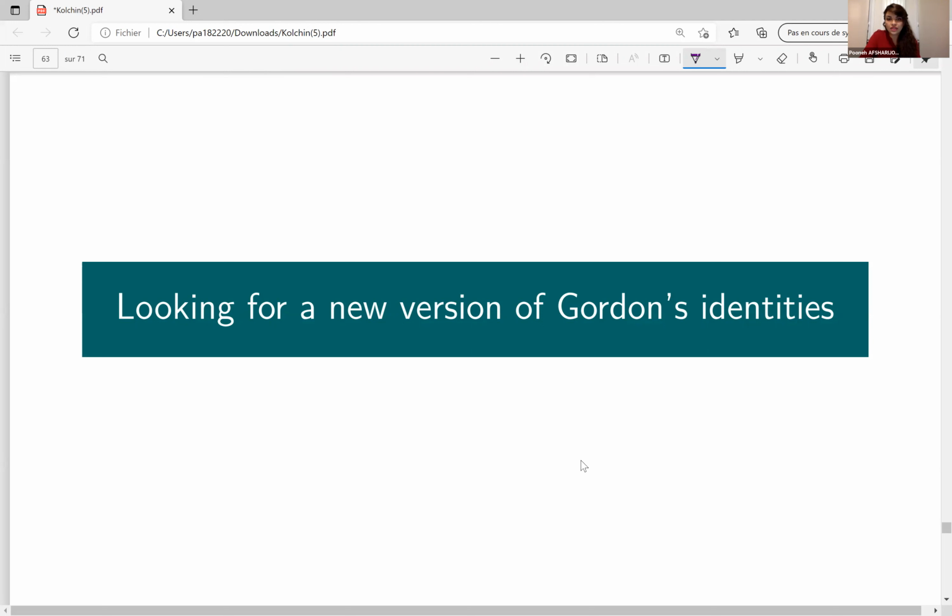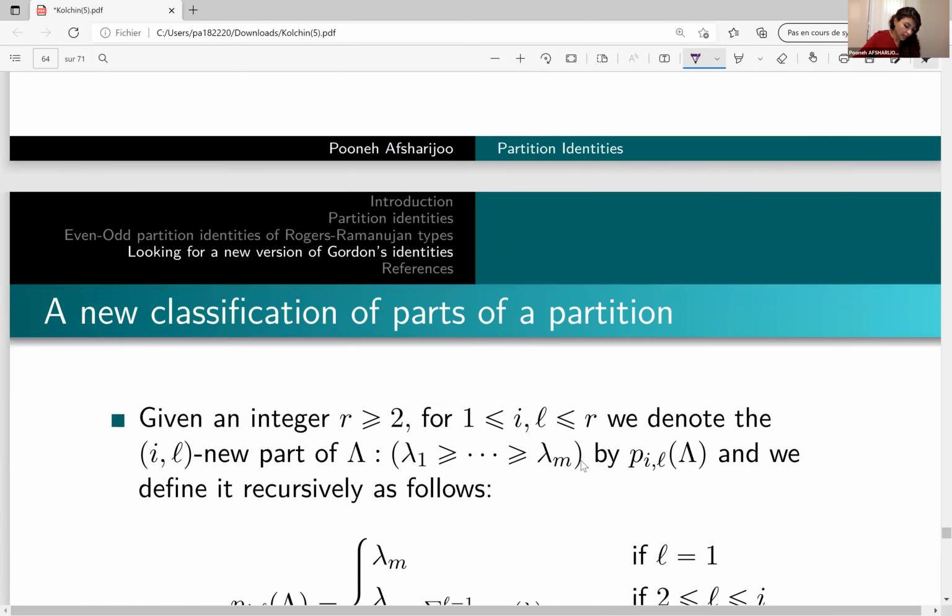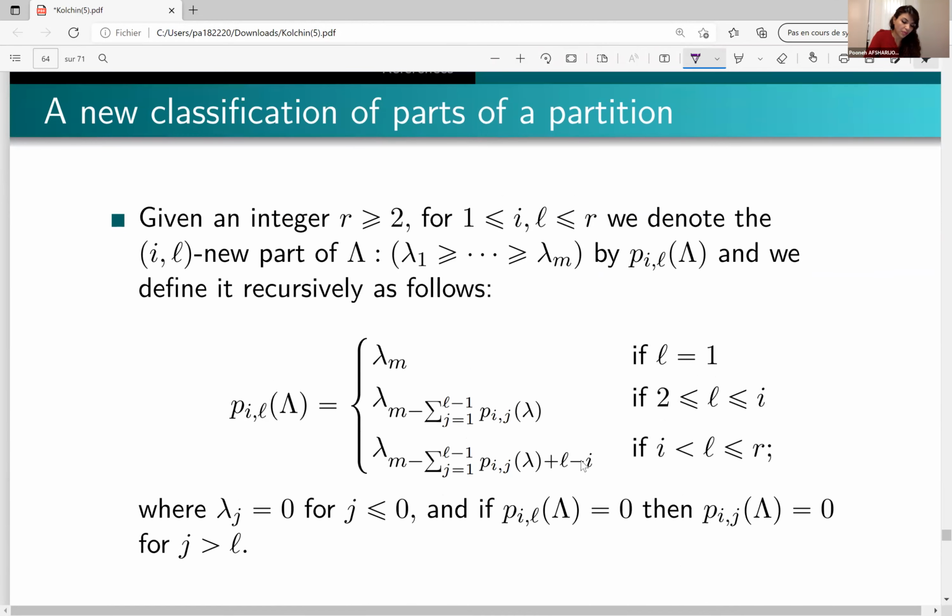To introduce this new member, I defined a new classification of parts of a partition. So let's take the integers r and i, and l between 1 and r. I will denote the l-th new part of lambda by pi l of lambda. The first new part is just the smallest part of lambda.